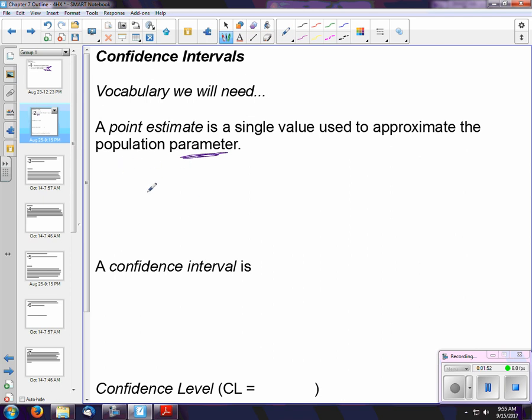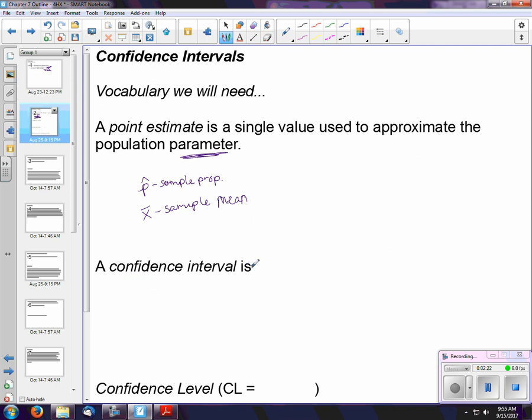If you're dealing with a proportion, your point estimate would be, we call it p hat, because this is a sample proportion. Similarly, if you're dealing with means, you would use x bar because this is a sample mean. So essentially we're saying that you are using that sample information plus or minus some type of margin of error to approximate what's happening within the population data.